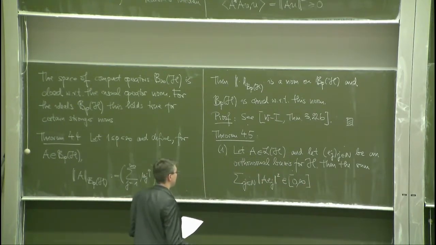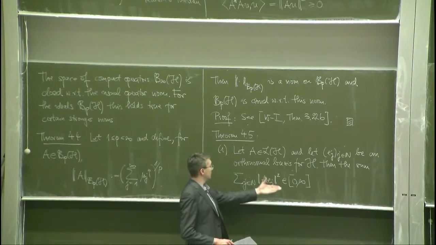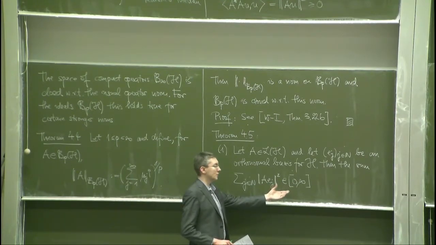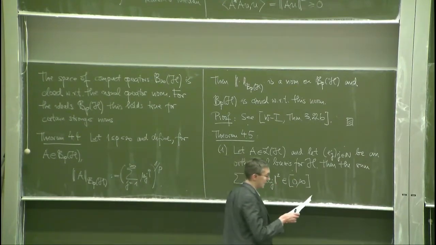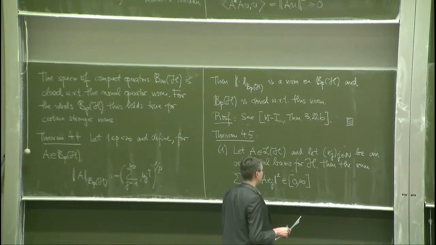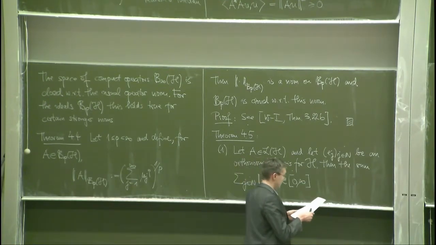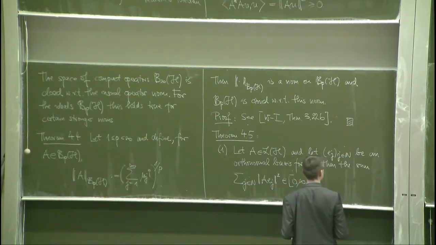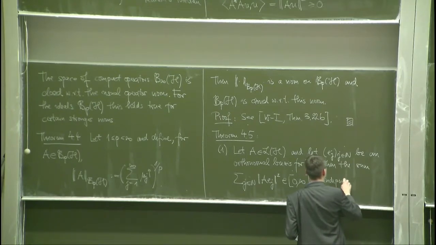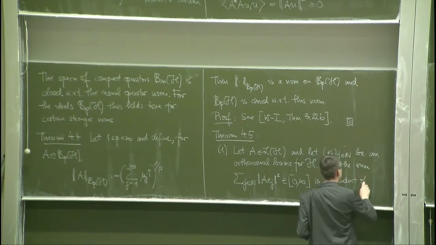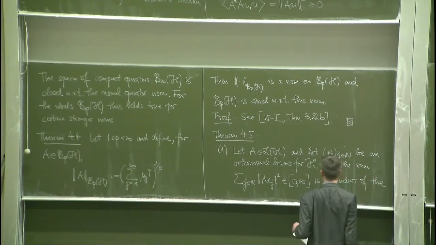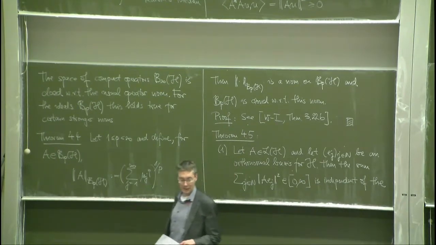And of course, for general A, we cannot exclude that this value is infinity here. So I have to consider this case here. But that's not the interesting thing. What I would like to claim is that this sum is independent of the choice of the orthonormal basis.